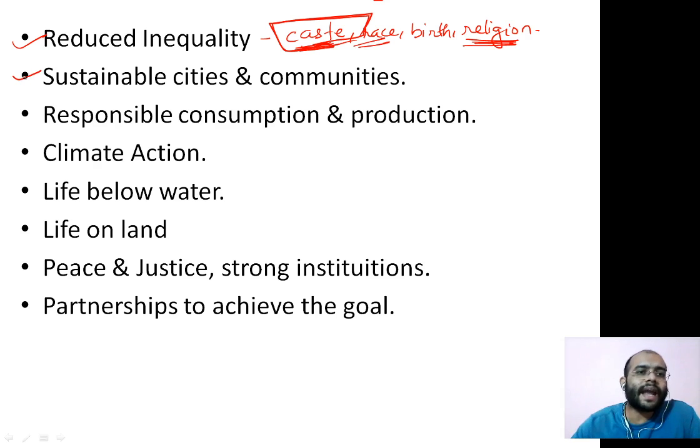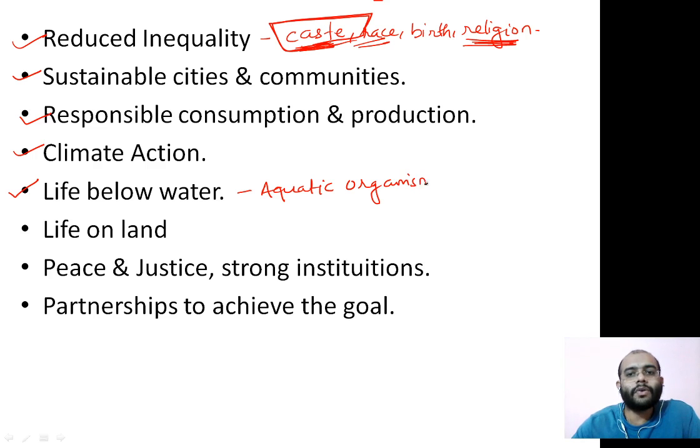Sustainable cities and communities, responsible consumption and production, climate action, life below water, that is your aquatic organisms, marine organisms and freshwater organisms.